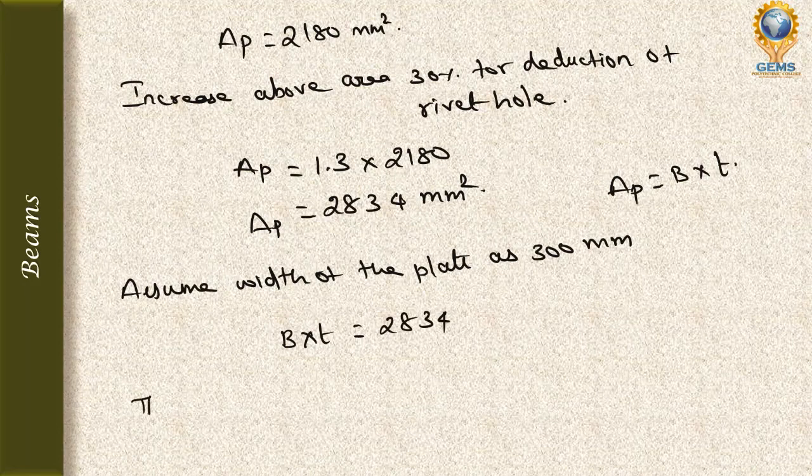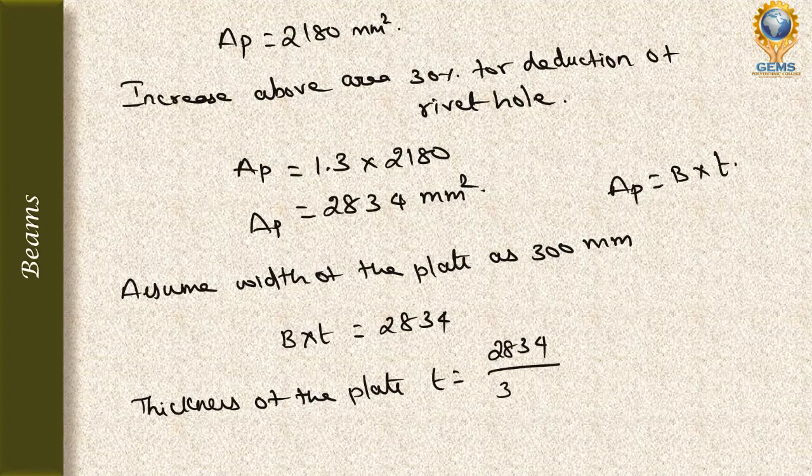So the thickness of the plate T is equal to 2834 divided by 300, which comes to 9.84 mm, approximately 10 mm. So we are going to use a 300 by 10 mm thick cover plate.